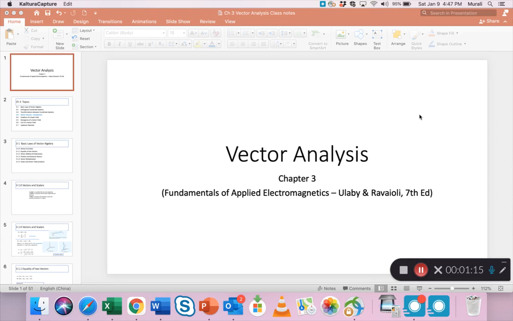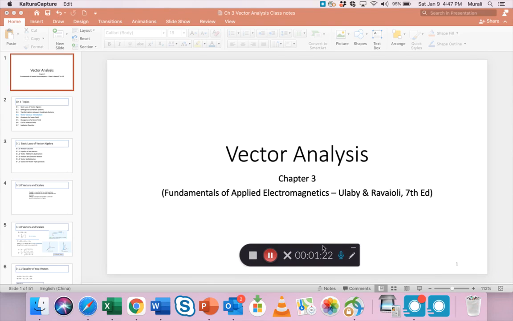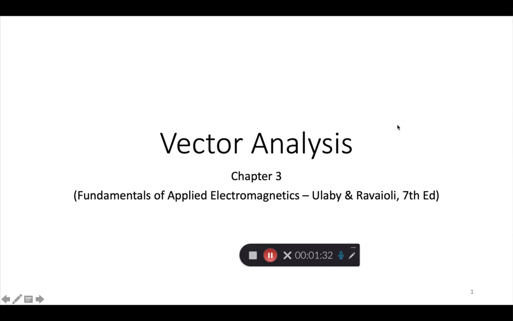For now, we are moving on to chapter 3, which is vector analysis. And so let me expand this so you can see the full screen.